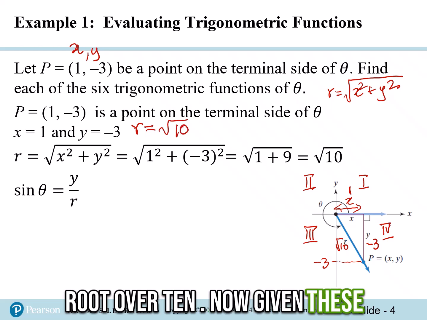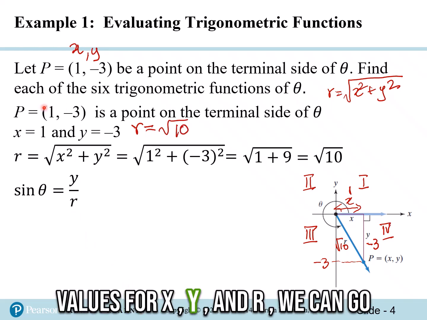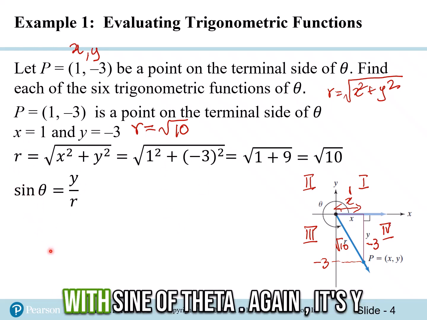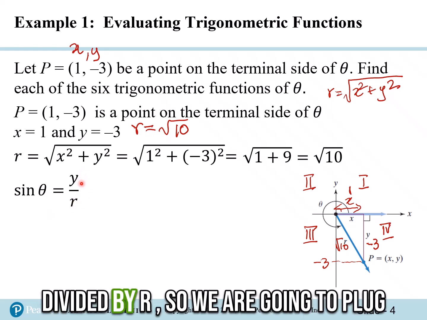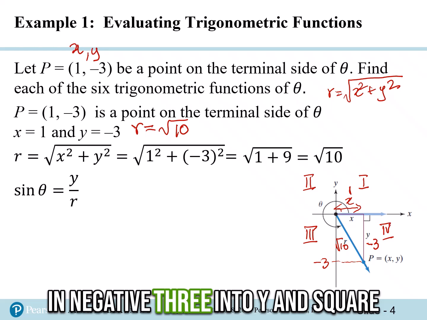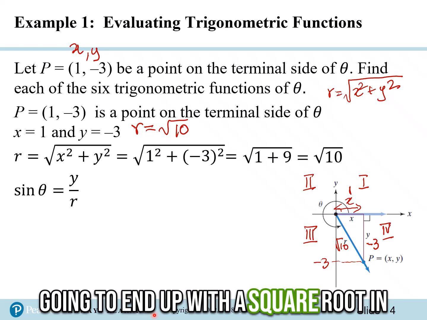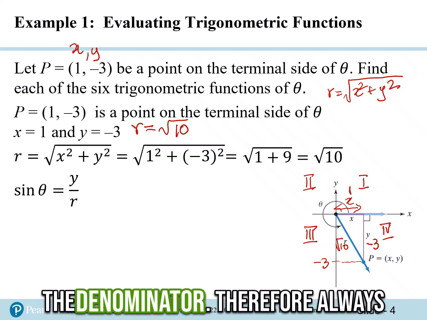Now, given these values for x, y, and r, we can go ahead and find the different trigonometric functions, starting with sine of theta. Again, it's y divided by r, so we are going to plug in negative 3 for y and square root over 10 for r, and we are going to end up with a square root in the denominator.